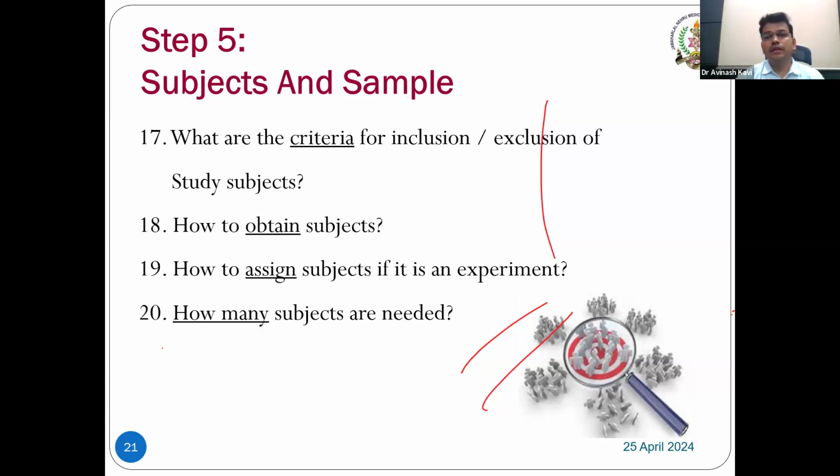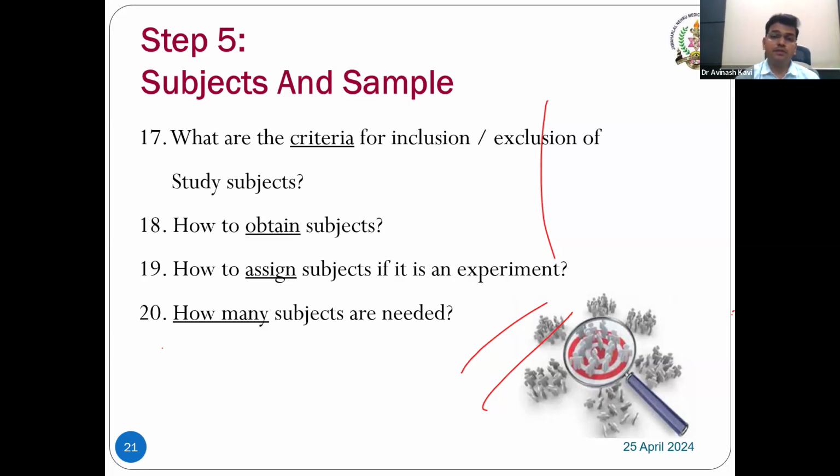Strictly in the exclusion criteria, we have to be focused on the confounding variables which have a direct effect on the outcomes of interest. In the inclusion, we are very specific about the target population from which we are trying to collect the data. That is the overview of inclusion and exclusion and how to obtain these subjects.